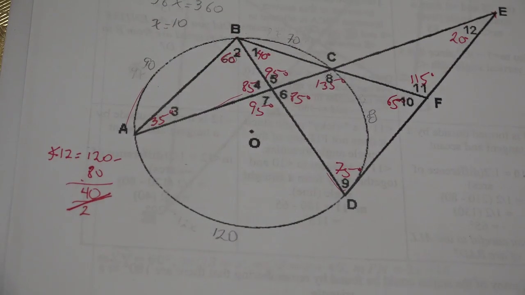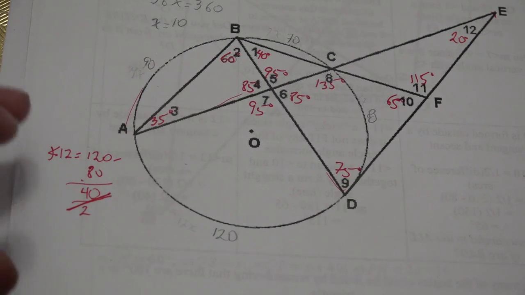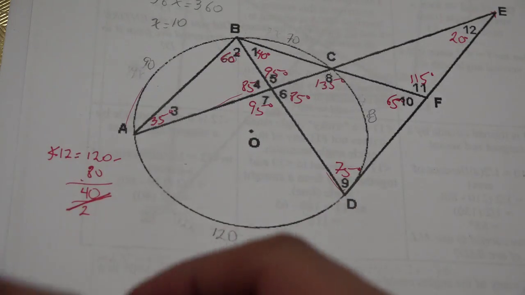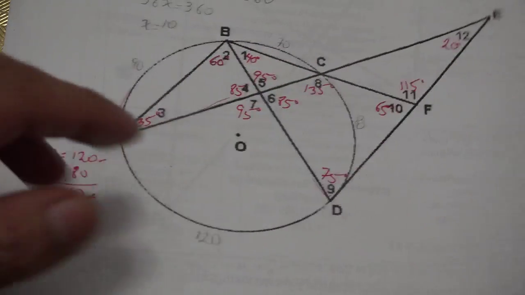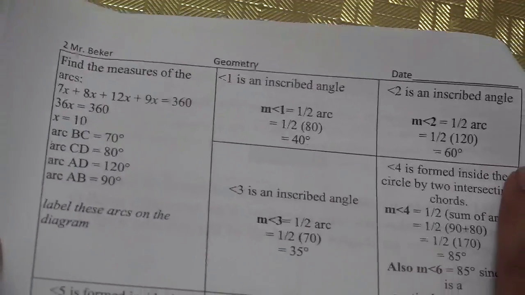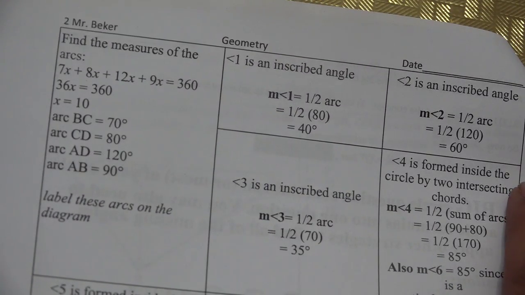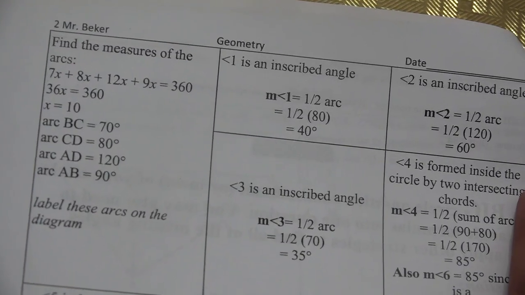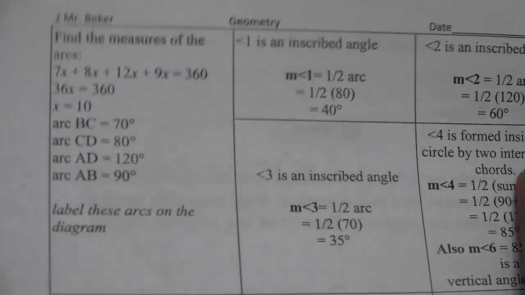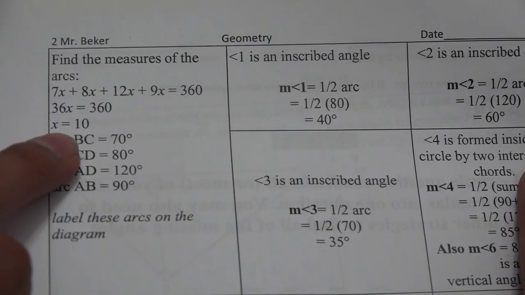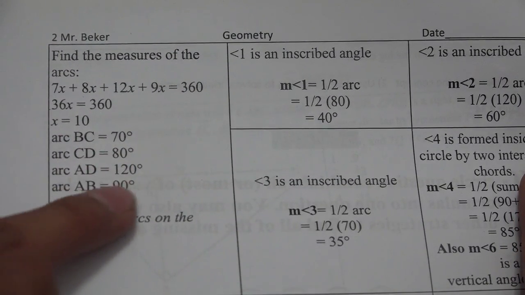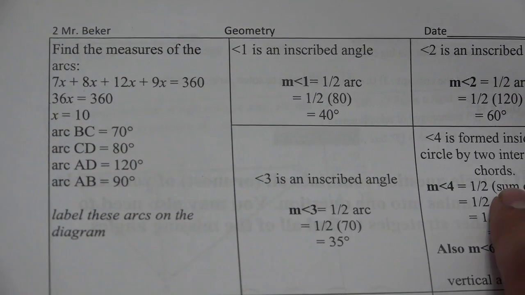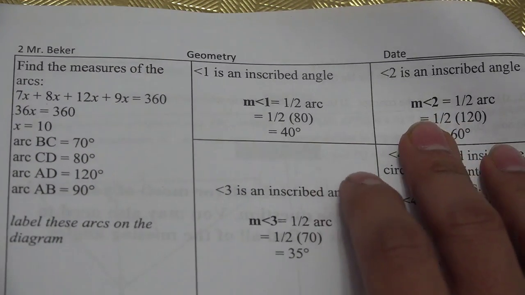And I think we completed the big circle. Wasn't that bad, right? Okay then, by the way, we could corroborate all this in here. Here you have an explanation of each of the things that we found. So for example, here we found the measures and we figured out that x was 10. So all the measures of the other arcs are right here. Then look at this, angle 1 is 40, that's nice.